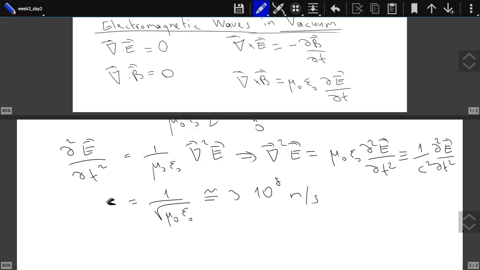And indeed, when you identify light as a kind of electromagnetic wave, light also has the electric field inside. And you measure the speed of light. So that will be the speed at which the electric field in light propagates. And it turns out that the electric field in light propagates with this speed.